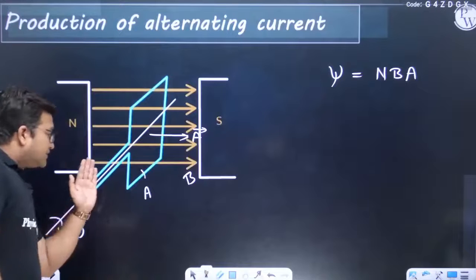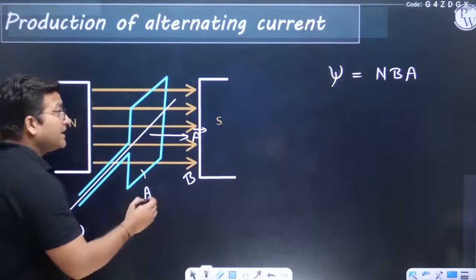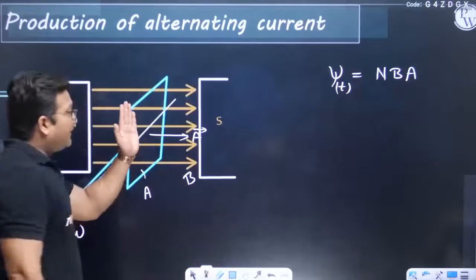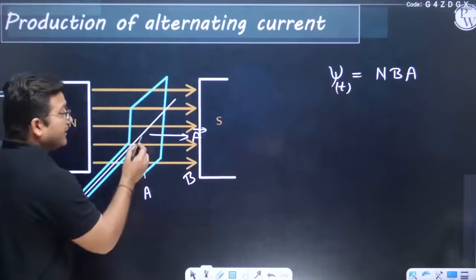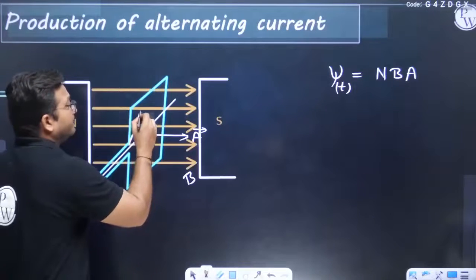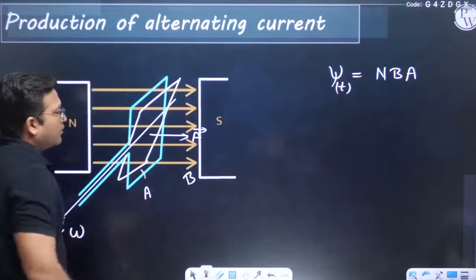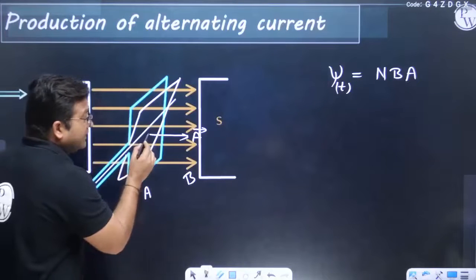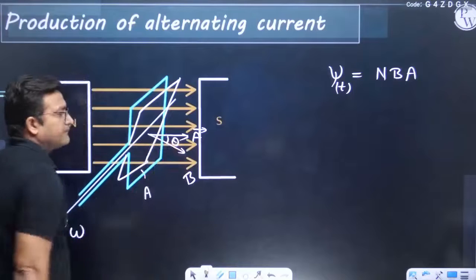But when we turn the coil with constant angular velocity, after a time t, the plane of the coil will turn by an angle omega t, and after turning, the coil's plane would look like this, and the area vector will too turn by an equal angle theta.